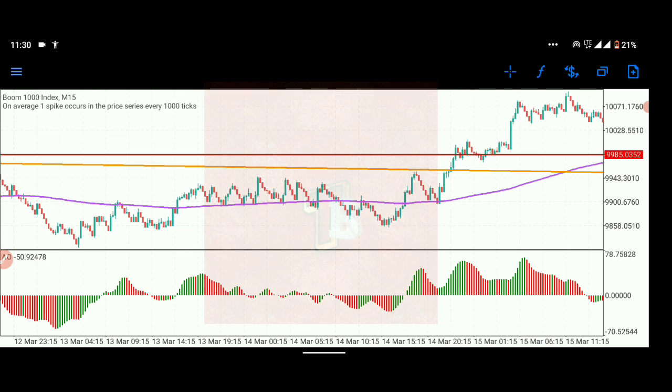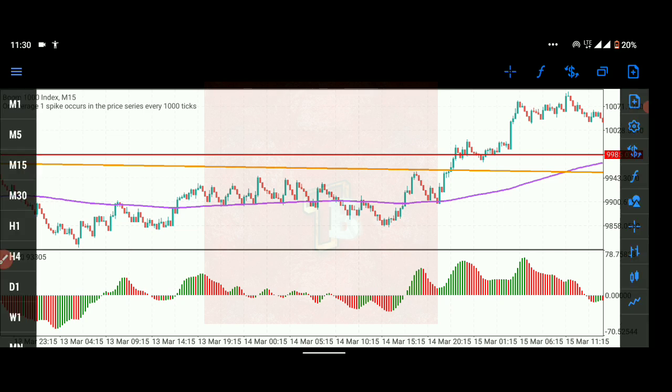The saucer signal forms when an oscillator histogram shows a cavity looking like the saucer bottom or top. Are we together? We are going to see it very quickly now. Looking at this zone here, this looks like a saucer.